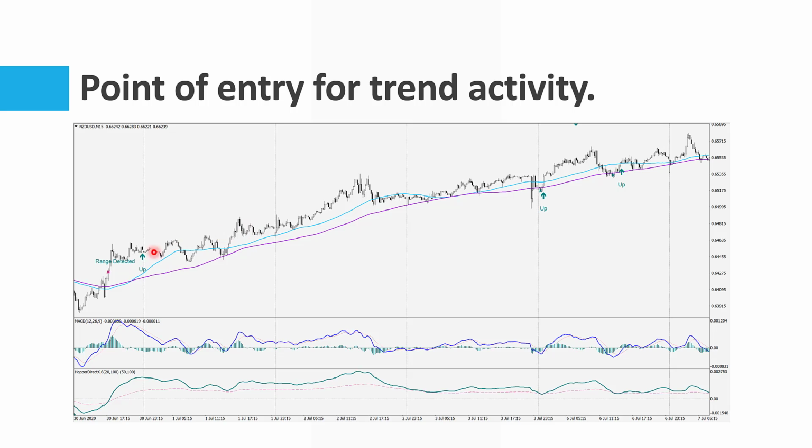And so if it does detect range, if the range filter gets in the way, it will block that signal. And then if it clears the range filter in the appropriate amount of time, it will go ahead and pop up that point of entry for your trend activity to begin.